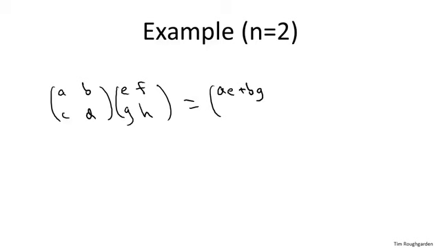So that results in AE plus BG. To get the upper right entry, we take the dot product of the top row of the left matrix with the right column of the second matrix. So that gives us AF plus BH. And then filling in the other entries in the same way, we get CE plus DG and CF plus DH.